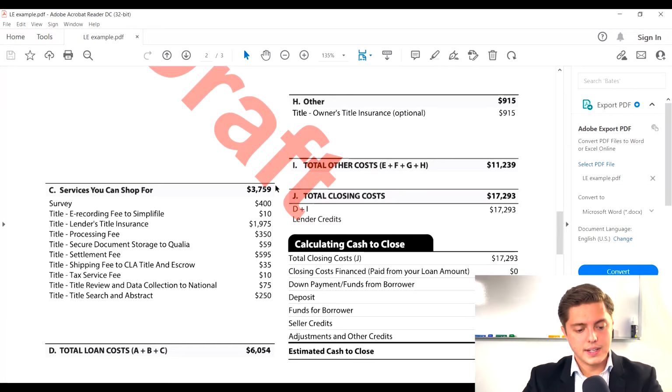So Section C, services you can shop for. This is a little bit misleading because we put a lot of the title fees here. And at least when we get a purchase contract here in Florida, the title company is already chosen. So many times the seller picks the title company. And if that's the case, then you've already kind of given up your opportunity to shop for those services.